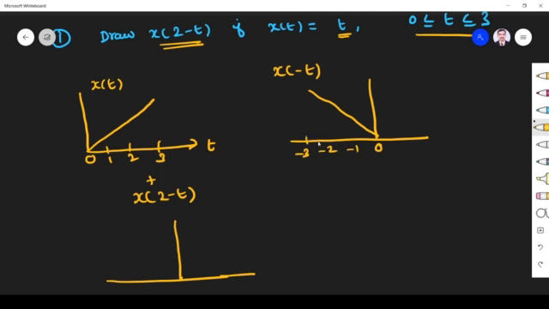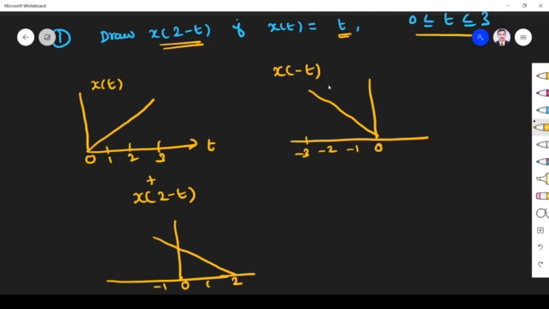It is starting from minus 3, so minus 1 goes to plus 1, and minus 2 goes to 0, because we have to shift 2 units right. So it will be like this. This is x of 2 minus t.